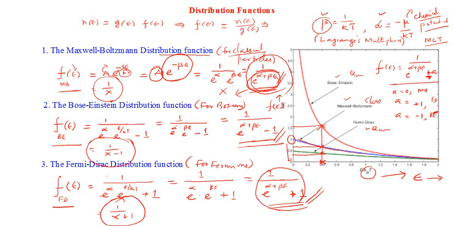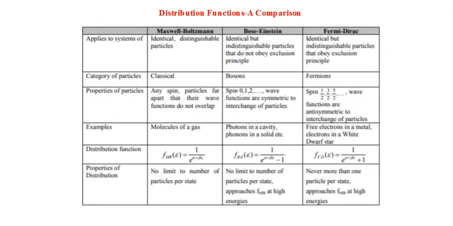I would conclude this session by showing you a tabular representation of the three distribution functions, which shows the comparison. I have taken this table from the Arthur Beiser textbook itself, and given it along with the short note which I have already uploaded in your Google Classroom. It summarizes all three distribution functions: first Maxwell-Boltzmann, second Bose-Einstein, and the other Fermi-Dirac.